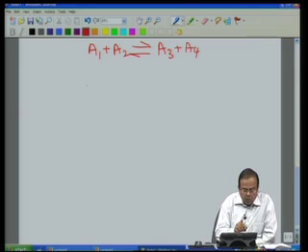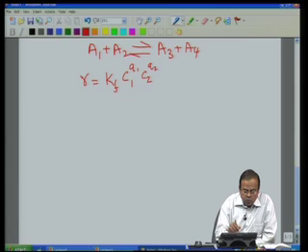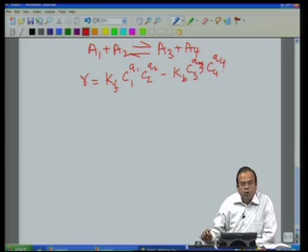We wrote this reaction rate as R equal to Kf, and I am in general going to write C1 raised to Q1, C2 raised to Q2 minus K backward C3 raised to Q3 and C4 raised to Q4.